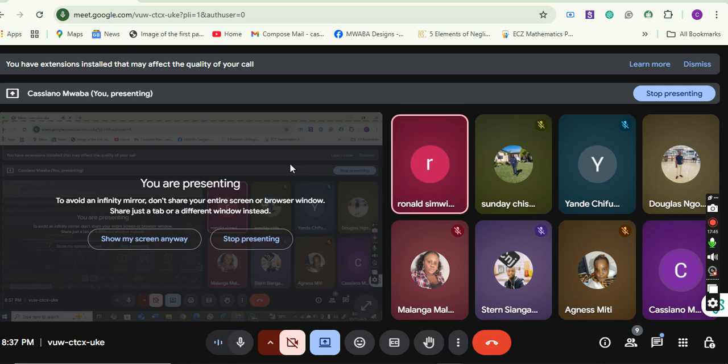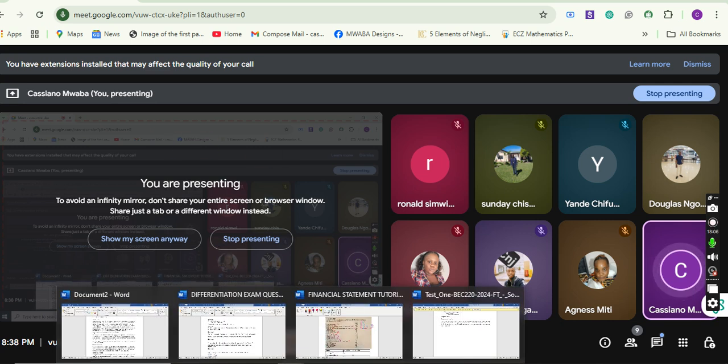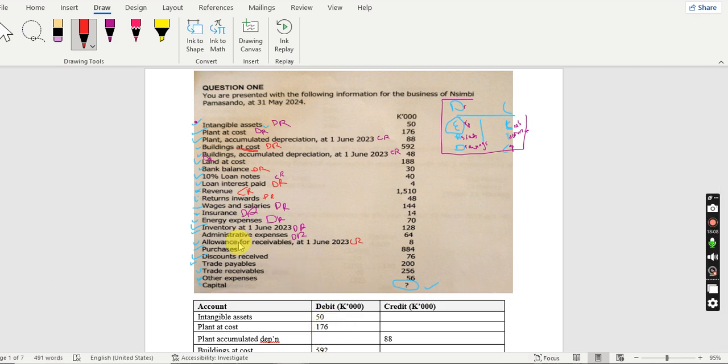Yes, because I used to think that was doubtful debts. Yes, it's allowance for receivables, provision for doubtful debts. Funny enough, this has got different names. Here it's allowance for receivables, but you might also see provision for doubtful debts.